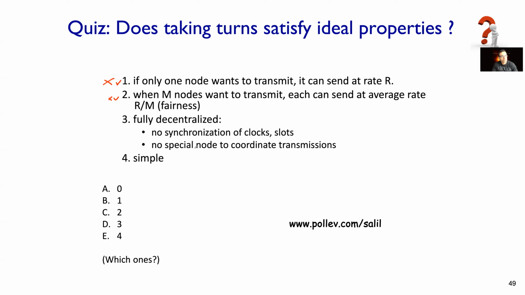No. In the polling one, you do need a dedicated captain. Even with token ring, there is this special token that needs to be circulated, and that could be considered an aspect of centralization. So it perhaps doesn't meet 3, I would say.